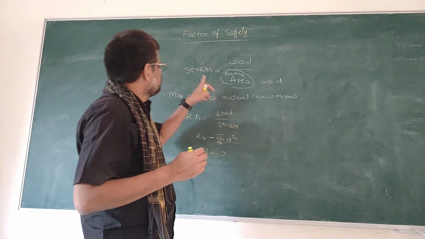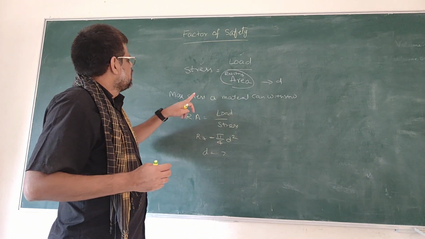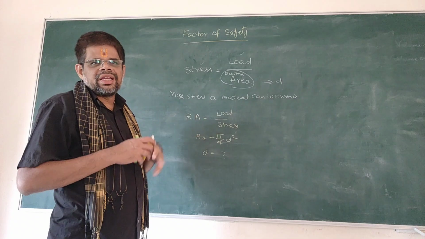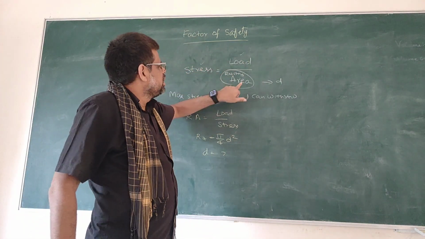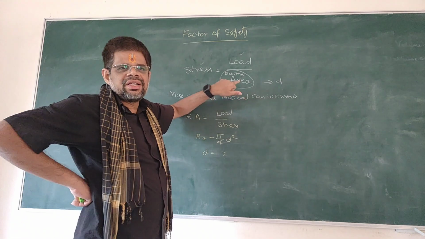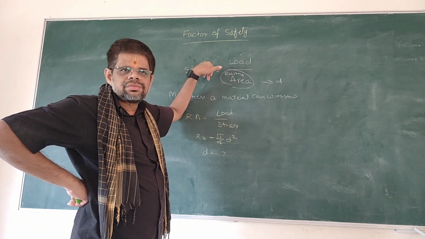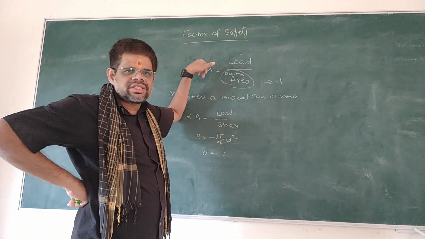See, for example, let us come to this formula once again. Stress is equal to load by area. So when load is constant, if you increase the area, then what happens to the stress? If you increase the denominator, what happens to the stress?